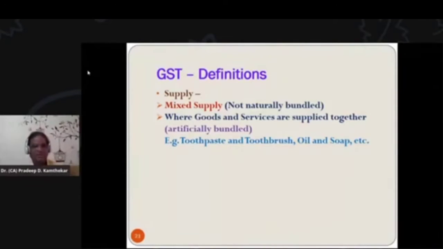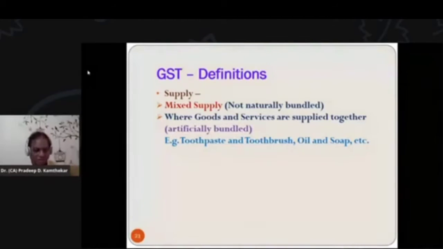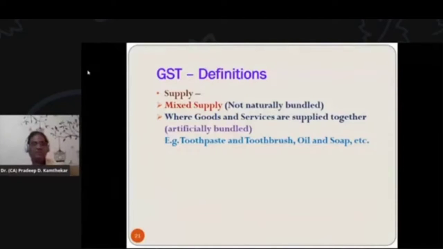They are artificially bundled, but actually not naturally bundled. So whenever goods are given in combination, artificially bundled together and not naturally bundled, we call this type of supply mixed supply.